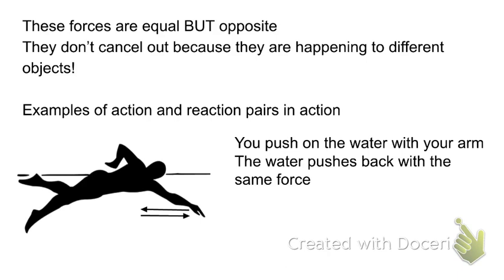Because the whole entire swimming pool of water has significantly more mass and therefore more inertia, the result of this force pair is you experience movement because of it and the water not so much. It's the same thing as when we went back to the example from our bell ringer video about the Earth and the Moon. The force that the Earth applies to the Moon is the same strength as the force that the Moon applies to the Earth.